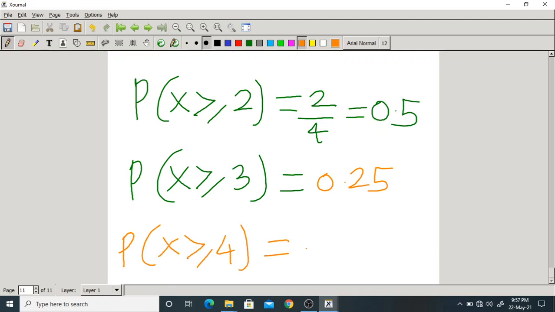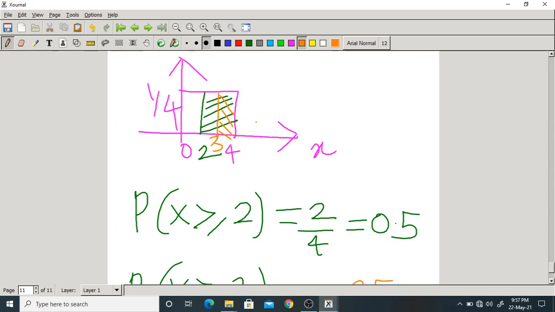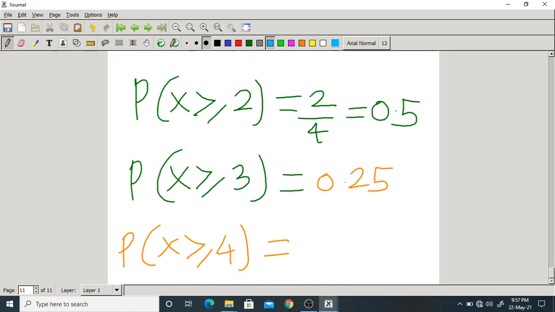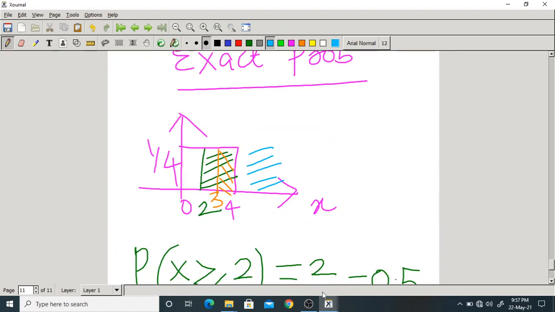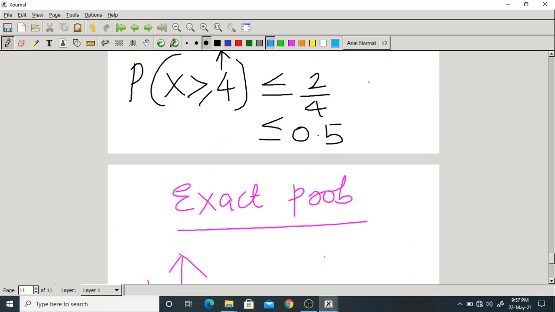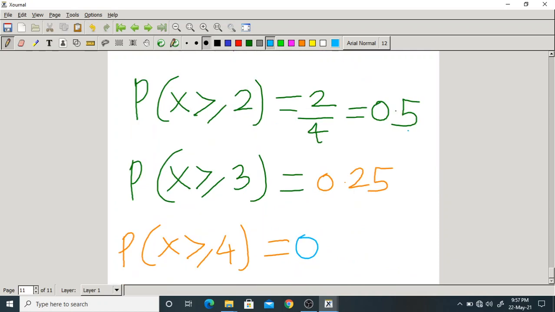Now the last probability, that x is greater than or equal to 4. What is the probability? Greater than or equal to 4 means this area. There is no area. Obviously it is 0. But what does the inequality say? It is less than 0.5. So 0 is less than 0.5. So all inequalities are correct, but they have some error. That's why it is quite loose.